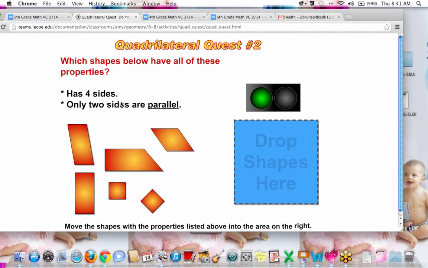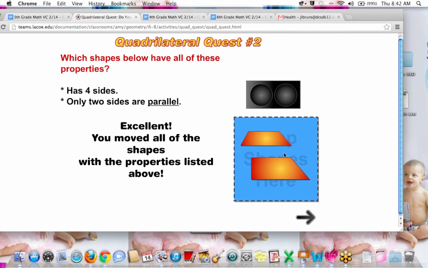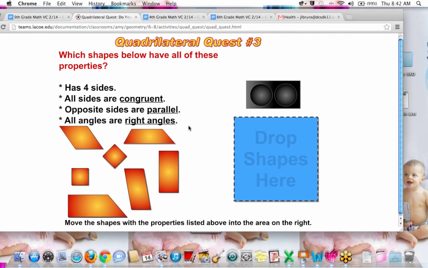Very nice. Okay, Sierra, tell me another one. The trapezoid looking one. The trapezoid, right, because it has four sides and only two of them are parallel. Very nice. Yep, there were the two trapezoids. That's right.